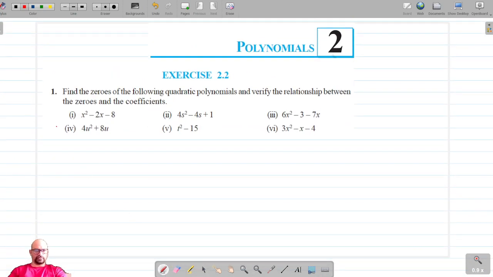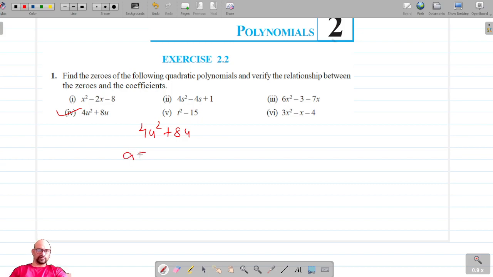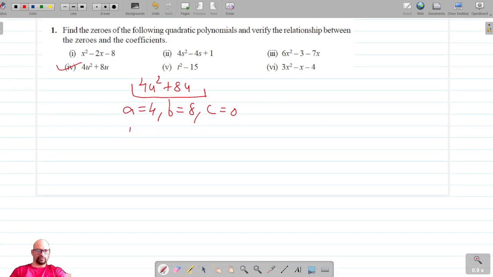Okay, we are on question number 4, and the polynomial is 4u squared plus 8u. And in this case, a is 4, b is 8, and c is 0. So we can take 4u common in this case. So let's try to factorize this. 4u is common, which leaves me with u plus 2.